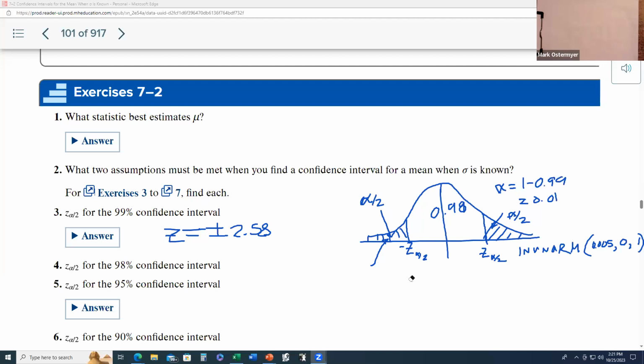Well, 0.02 divided by 2 is going to be what? This area here in the lower tail will be 0.01. The upper tail is also going to be 0.01. So go get your inverse norm function on your calculator and let's try this out.